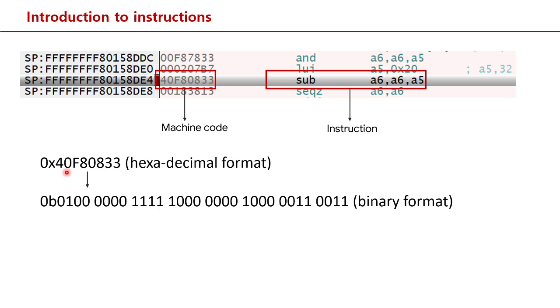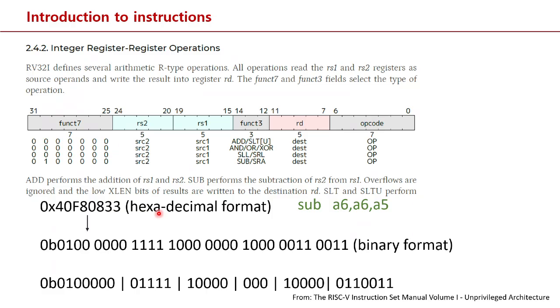Here, 0, 4, 0F, A, 0, A, 333, and this value can be converted into binary format. As you know, this binary value can be organized in a different format.